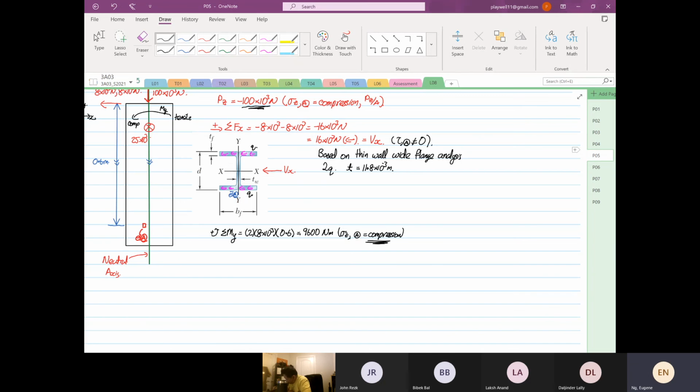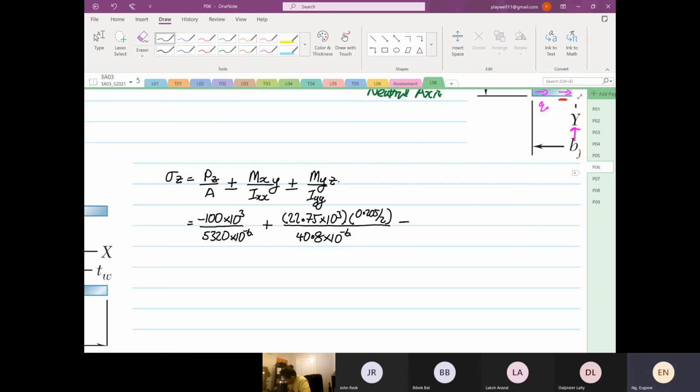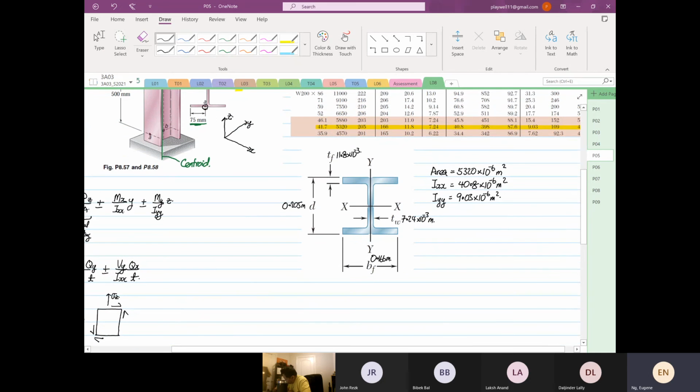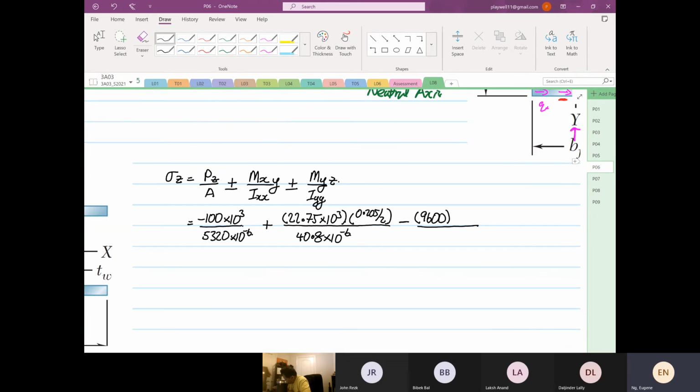So My is equal to 9600, divided by Iyy. We go back and look at our Iyy, 9.03 times 10 to the power minus 6.